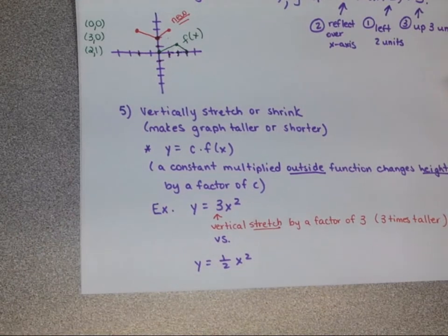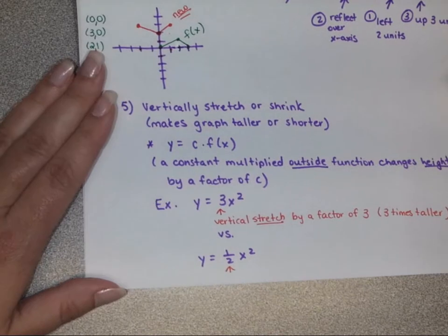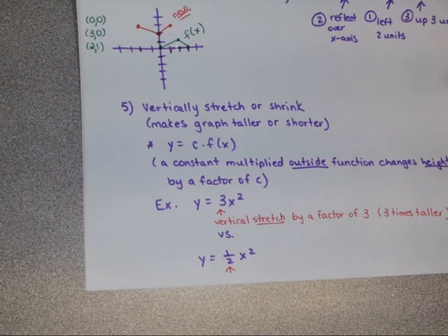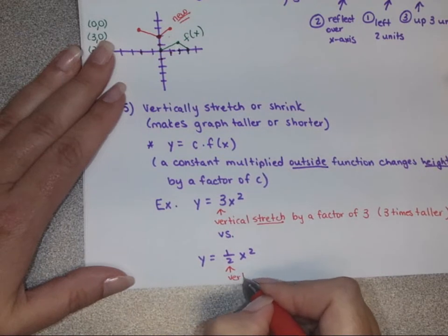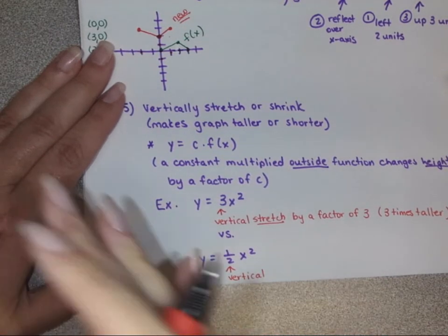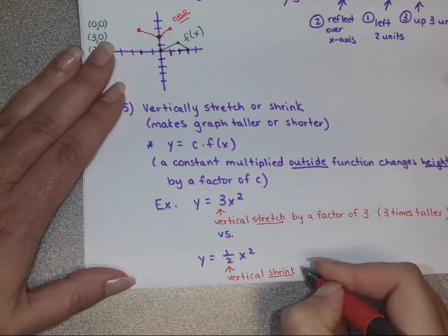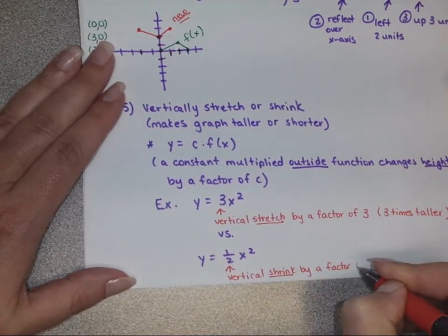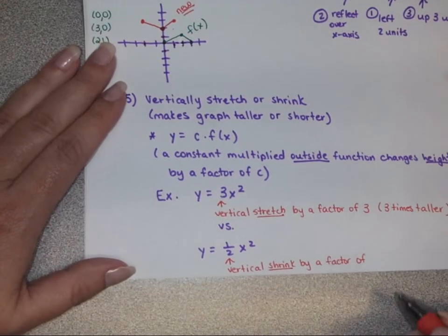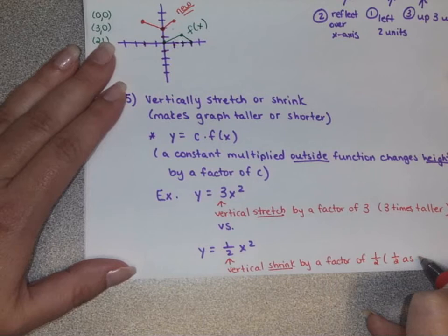Okay. All right, but what do you think a number like 1/2 is going to do rather than stretching it? It's going to shrink it, right? So this is going to be a vertical shrink. By a factor of what? 1/2? Okay, so in other words, it's half as tall.